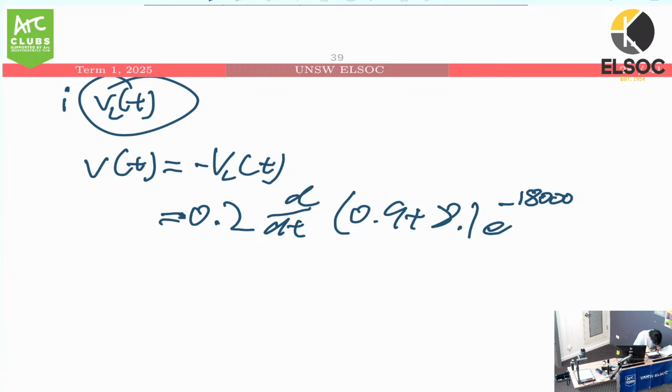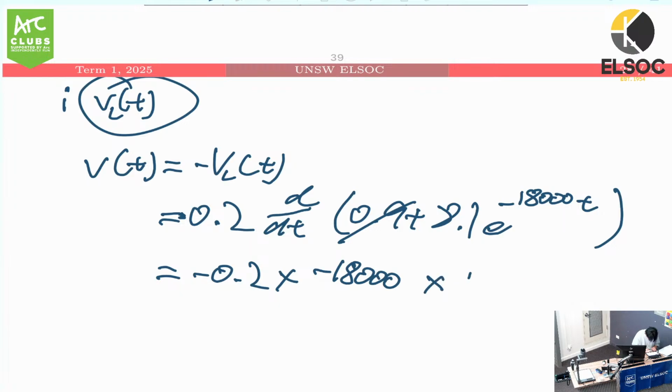Minus there, don't forget that. Okay? So hopefully we all know how to do this derivative. The 0.9 gets cancelled, and then the power gets put forward, 18,000, and just multiplied by 8.1 e to the power of negative 18,000 t.